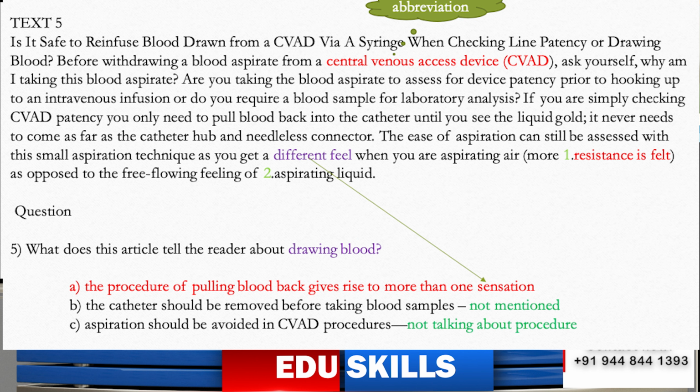Until that, no need to withdraw the blood. The ease of aspiration can still be assessed with this small aspiration technique as you get a different feel when you are aspirating. This is what they paraphrased here: the procedure of pulling blood back gives rise to more than one sensation.